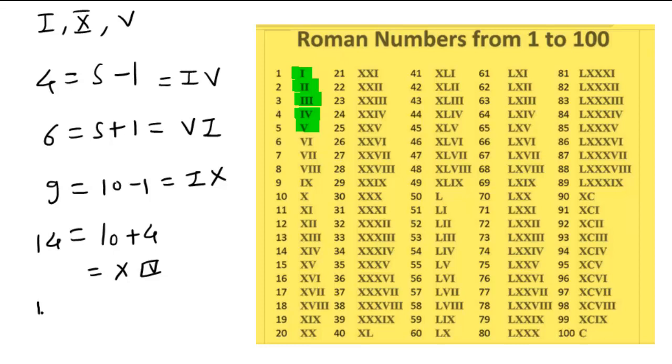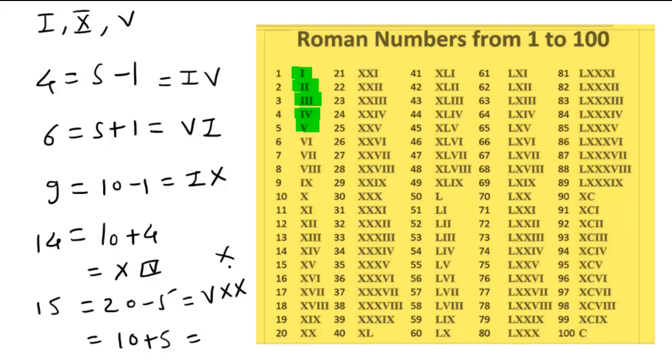Now 15. You can think of 15 as 20 minus 5 and 10 plus 5. Which combination will be correct? 20 means XX and 5 means V. So you might be thinking 15 can be represented as VXX, that is 5 is subtracted from 20.